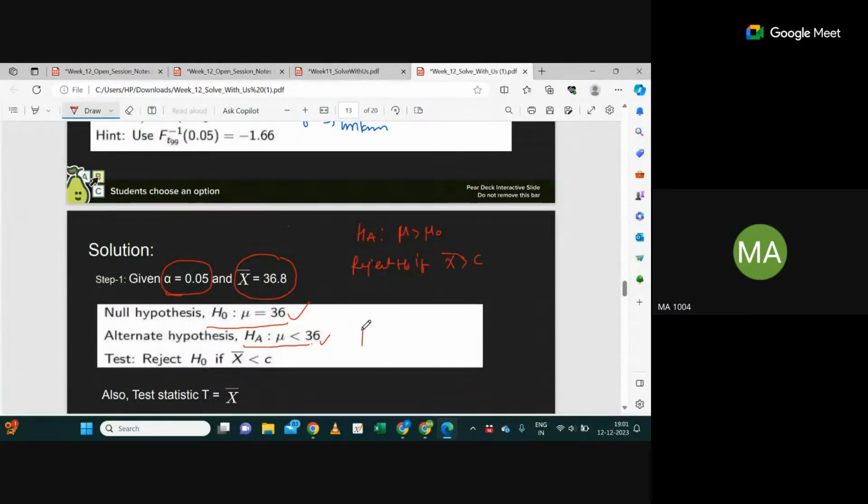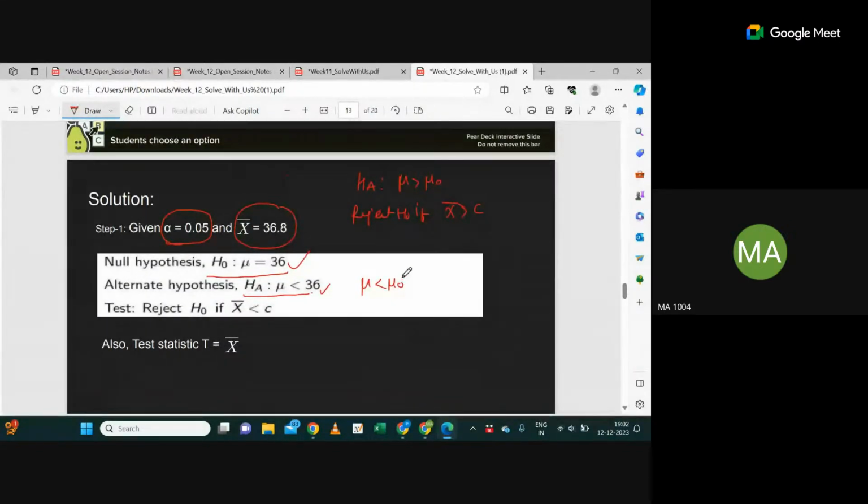Here, if you see, your mu is less than some specific value mu naught, right? Then my test will be, I will reject my H naught if x bar is less than c. Correct? Now, in the question, x bar is given to me. I will find the value of c, and if x bar is less than c, I will reject, or else I will accept.